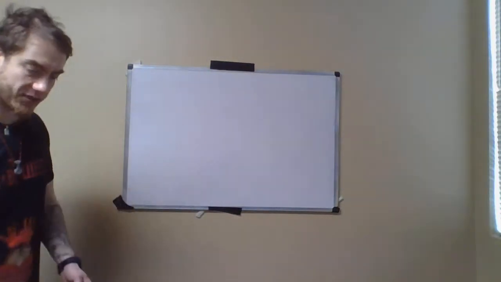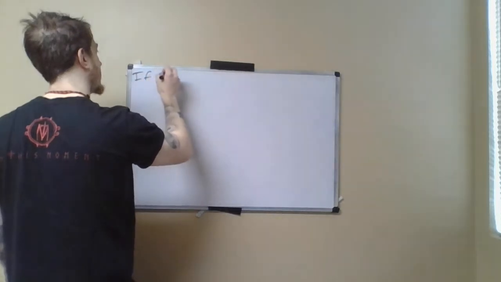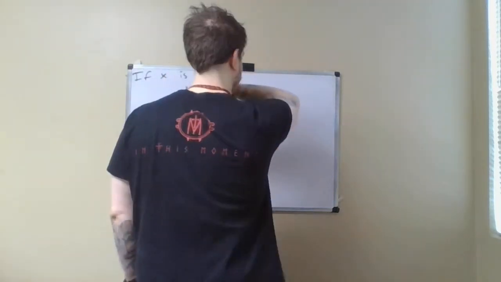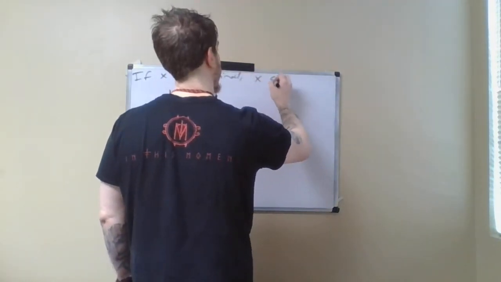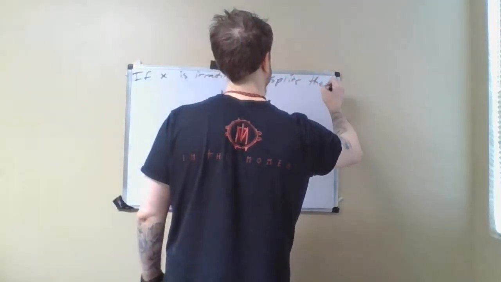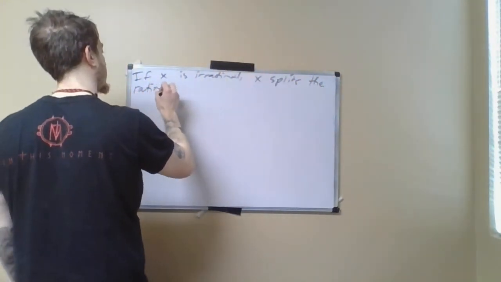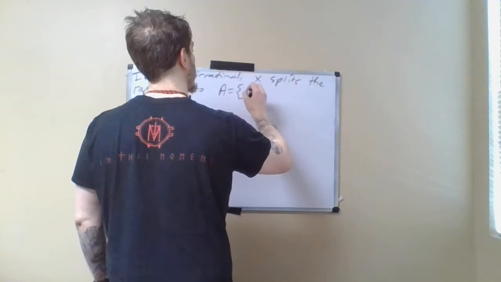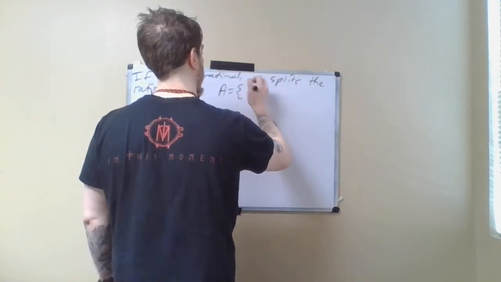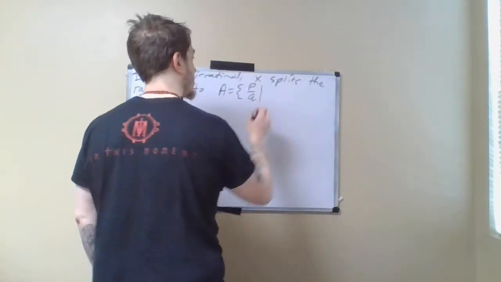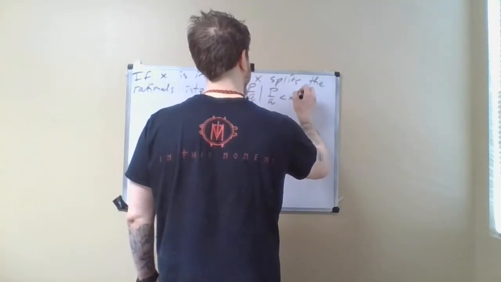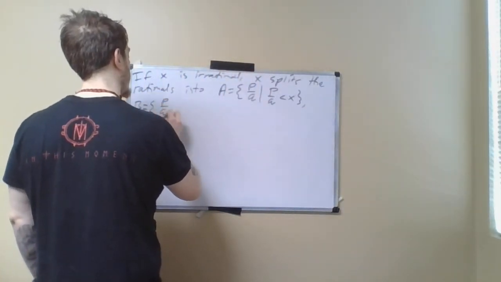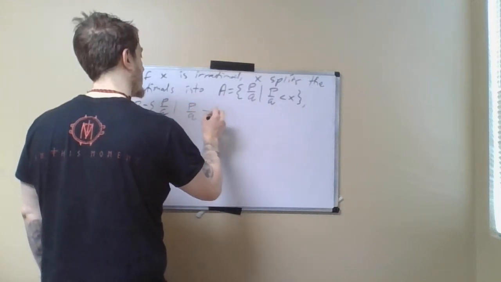Well, what it means is this. If x is an irrational number, then x splits the rationals into a set A, which is going to be the set of all numbers p over q such that p over q is less than x, and into the set B, which is going to be p over q such that p over q is bigger than x.